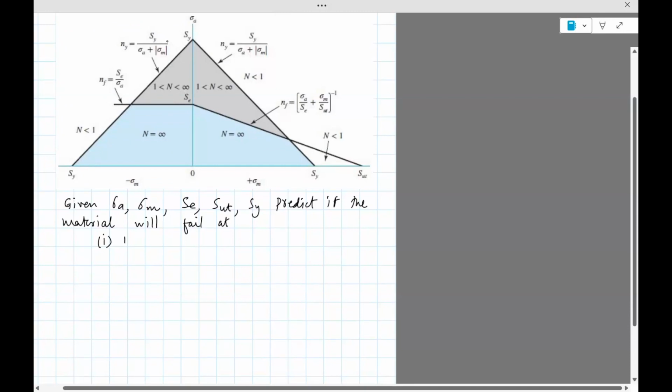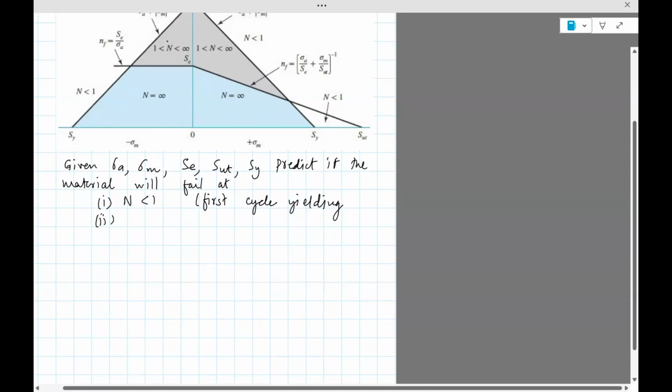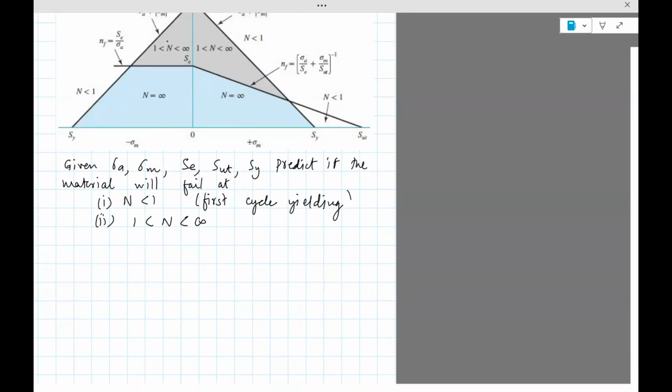Option one is at n less than 1, that would be first cycle yielding. It could fail for n between 1 to infinity, that will be finite life.